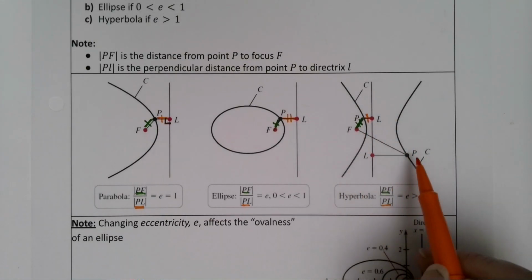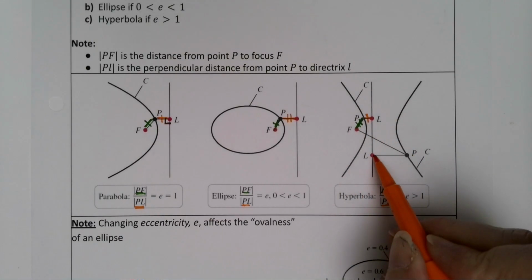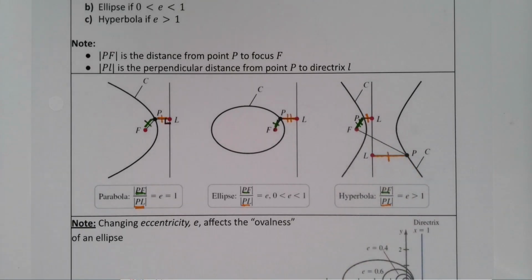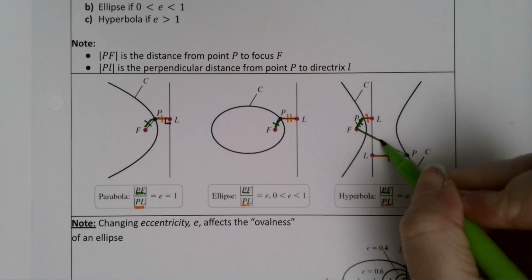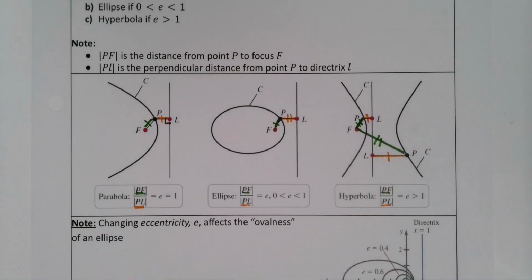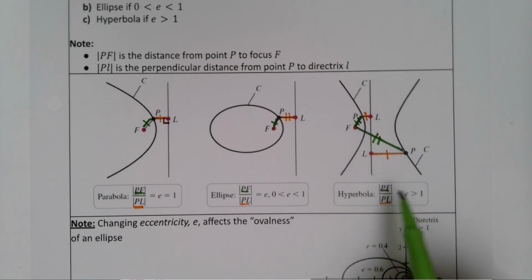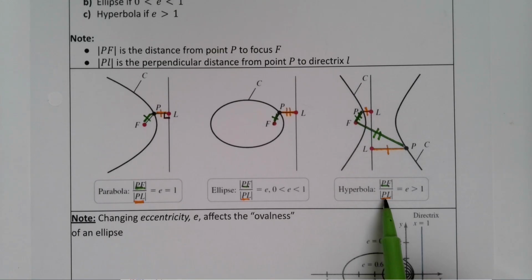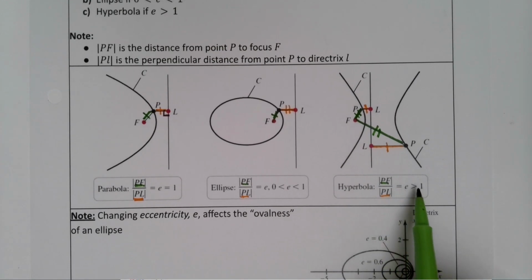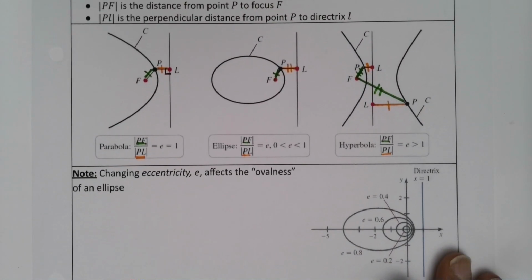And it would work even if you went to the other side. This distance right here from point to L is shorter than this distance, which is longer. So when you take PF divided by PL and get the eccentricity, that eccentricity would be greater than 1. And that would get you a hyperbola.